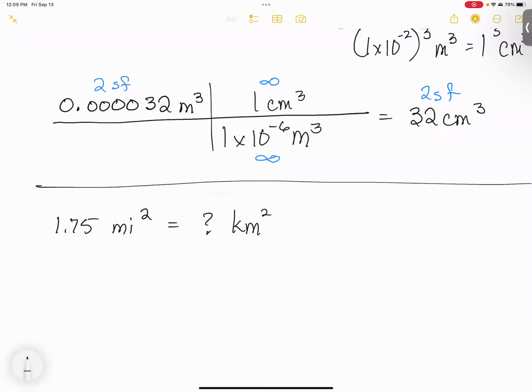So we're talking about distance here. We're talking miles and kilometers. When we look it up on our sheet, 1 mile is equal to 1.609344 kilometers.